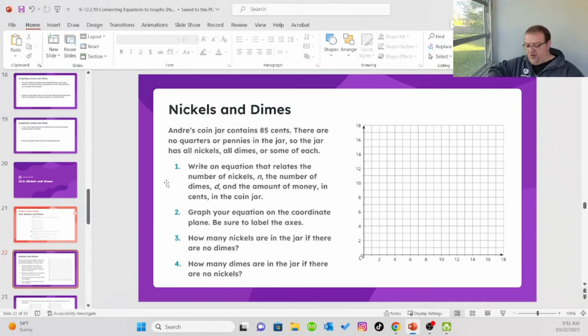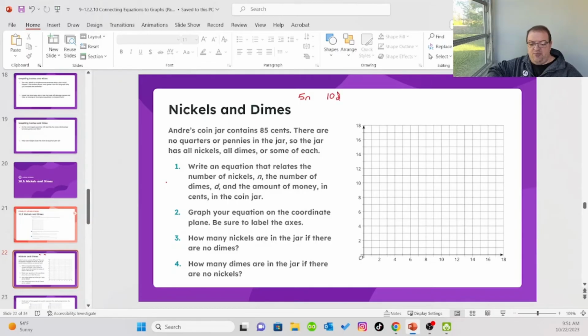So, first we have to know that a nickel equals 5 cents. Therefore, every time we have a nickel, it needs to be multiplied by 5 cents. And we know that dimes are 10 cents.